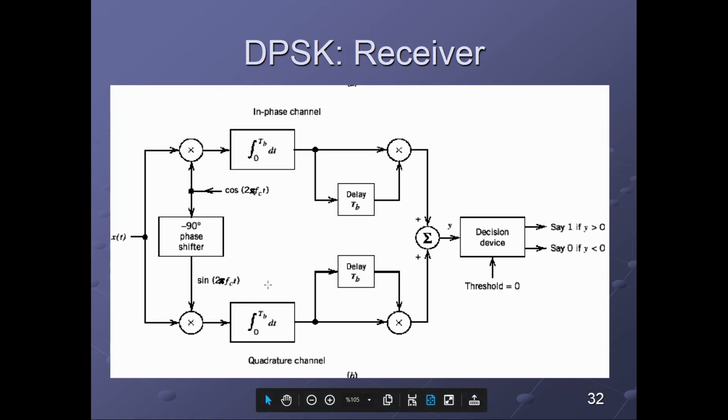This is a correlator, a dot product operation: you delay your path with respect to the direct path, multiply them with each other, and then sum, and you take y. Then you have a decision device to compare. If y is greater than 0, then what you transmitted is 1. If y is less than 0, then what you transmitted was 0. The threshold here is 0.